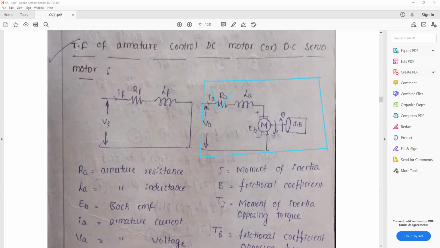So today, first we determine the transfer function of the armature controlled DC motor only. This is armature resistance, armature inductance, back EMF EB, armature voltage VA, and armature current IA. So this is the armature controlled.